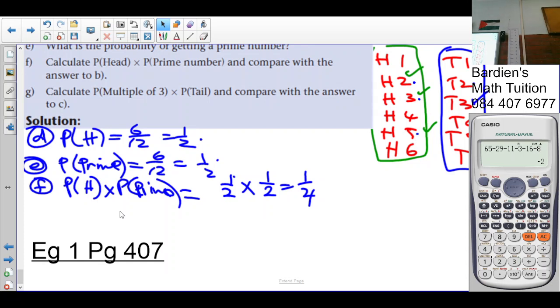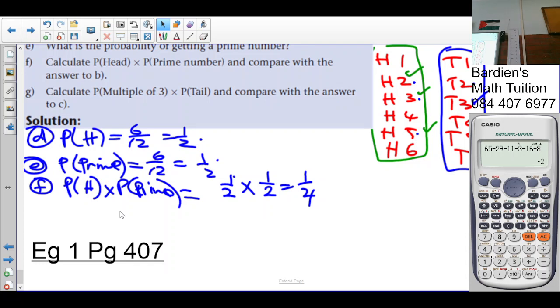Not so? And if I throw the die first, say for argument's sake it lands on a 2, will that 2 have any effect on the outcome of tossing the coin? No. So these two events are said to be independent. Okay, you guys understand?